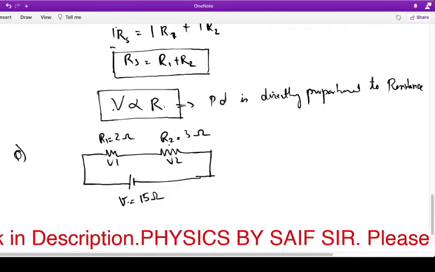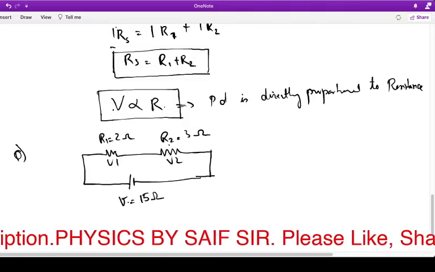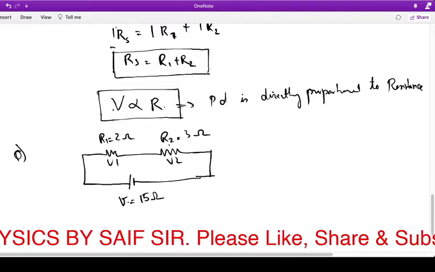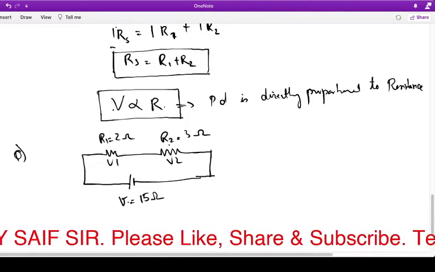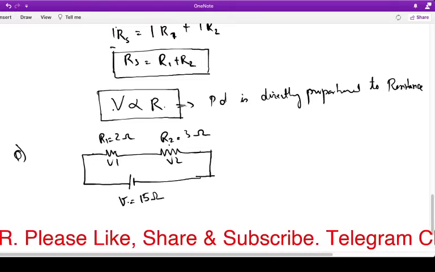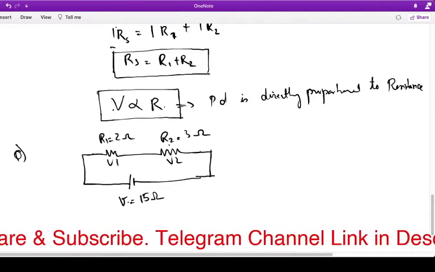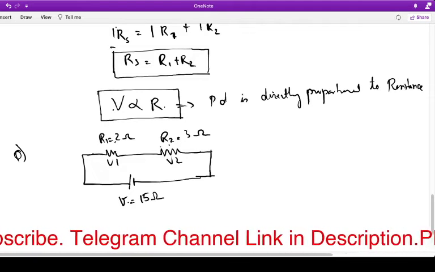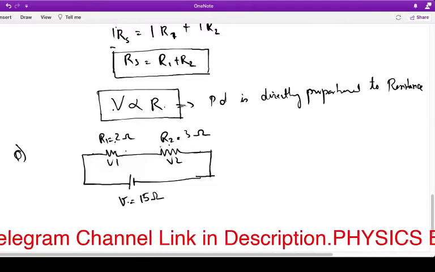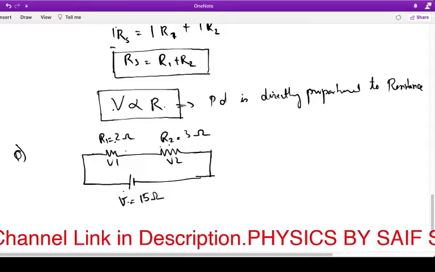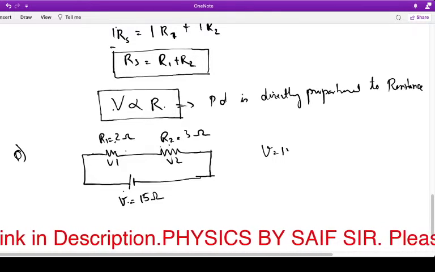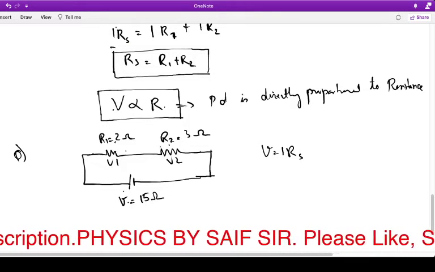So to find that, we have to find the current first, because current is the same throughout the circuit here. To find the current, we have resistance and voltage. Based on this, we can find it through Ohm's law, V is equal to I RS.